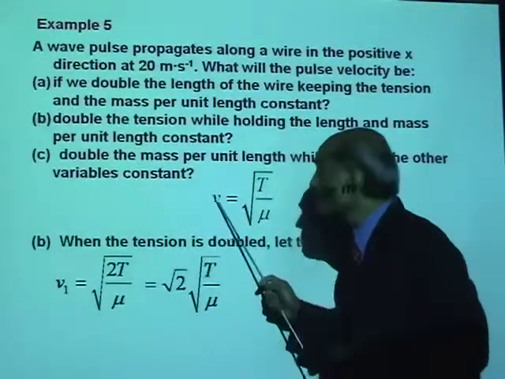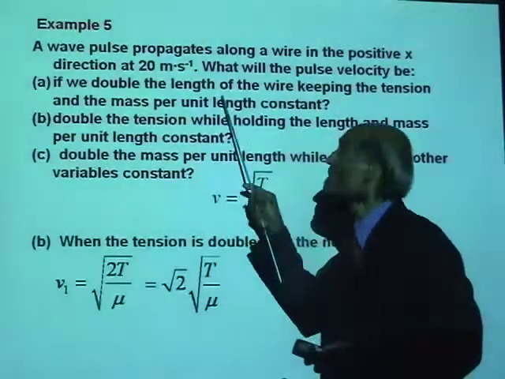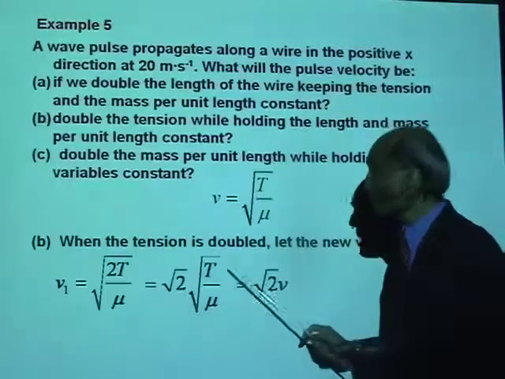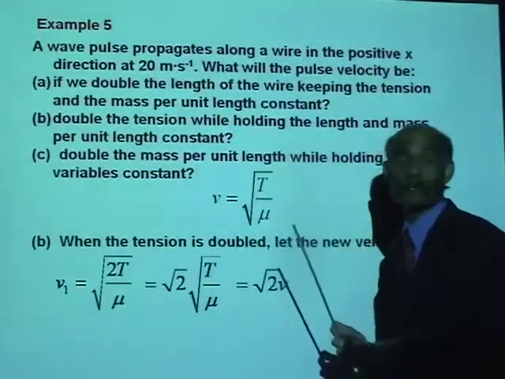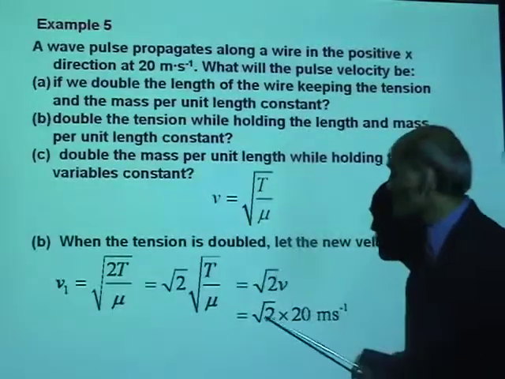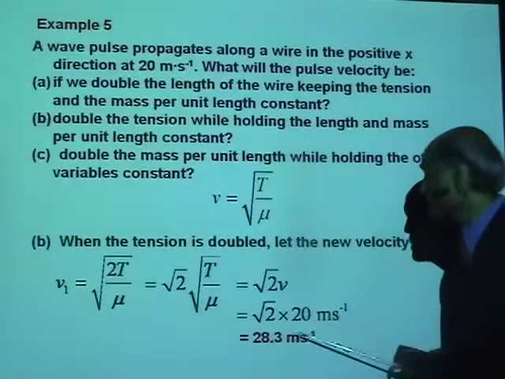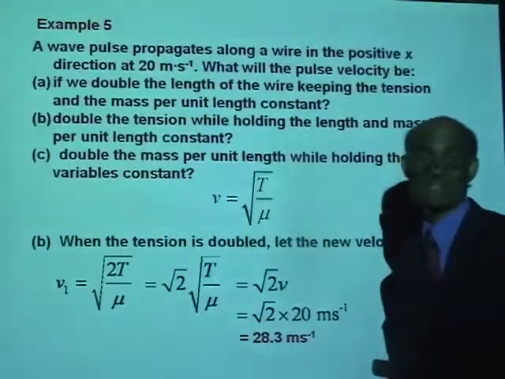Square root T over mu is the original value of the speed, which is 20 meters per second. So that will be square root 2 times the original speed, and that will be square root 2 times 20, and that will be 28.3 meters per second.